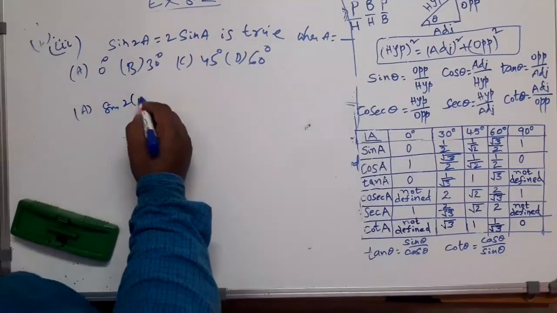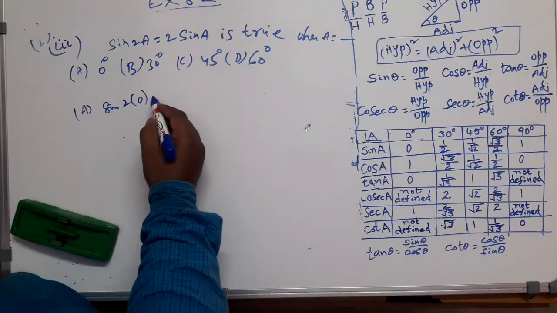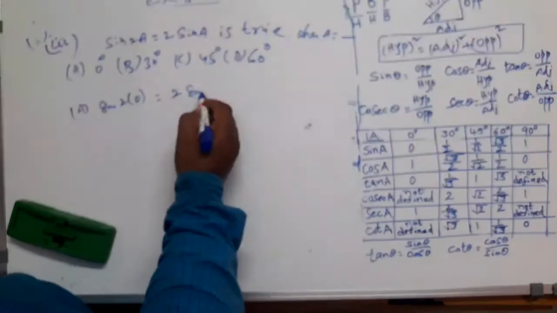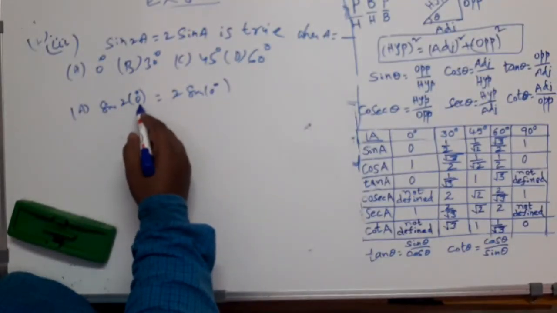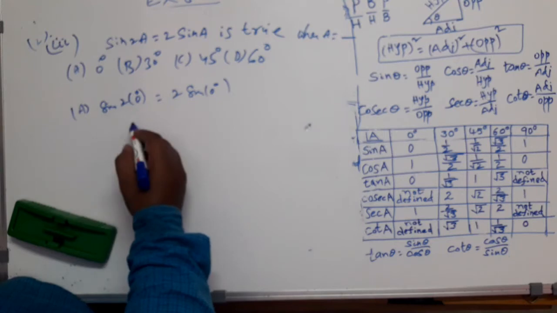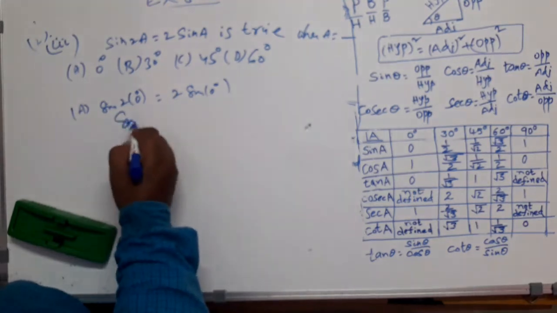Yes, option A. What is the left hand side? Sine 2A, with A as 0 degrees, is sine of 2 multiplied by 0 degrees, which is sine 0 degrees.